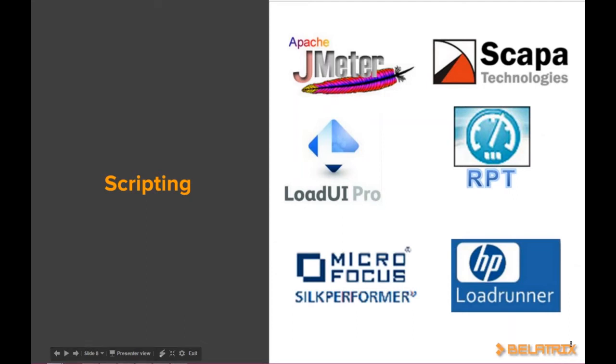So there are plenty of tools in the market that we can use to do performance testing. There are a lot of tools available to design and run scripts, but many of them are licensed, as you can see on the screen.